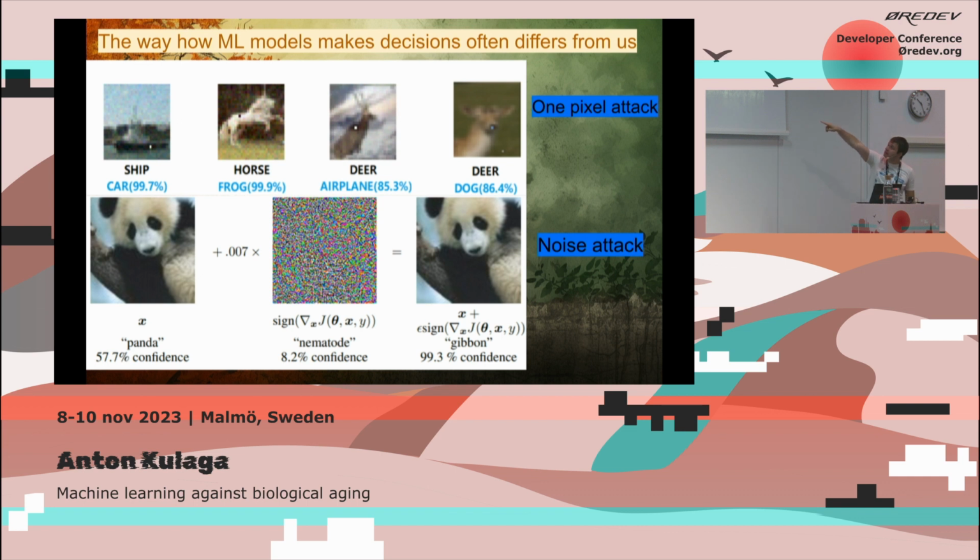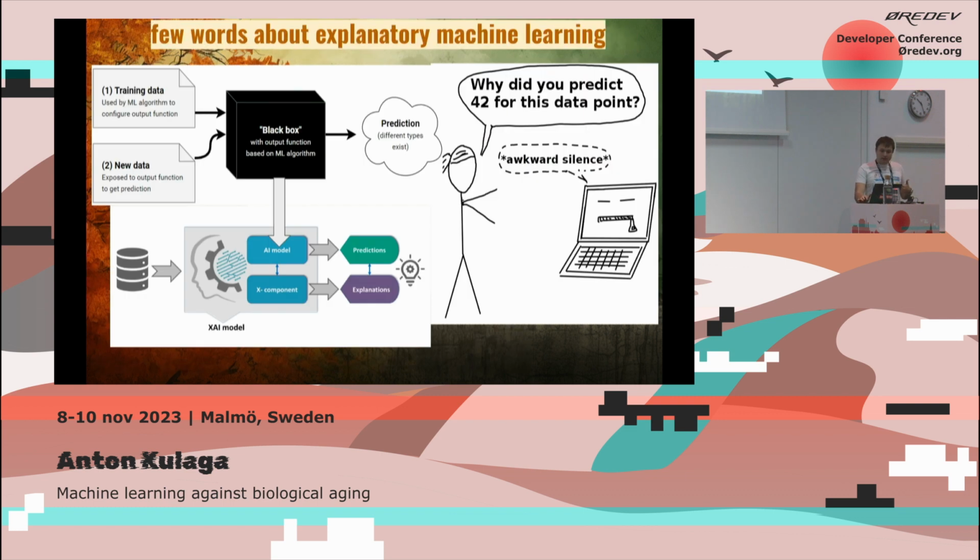Two same pandas for a human, and then panda and gibbon for the model. And to cope with it, we have our black box very precise model, and we apply this model as a tool. We permutate the input and use an explainable model to actually explain how different factors influence it.